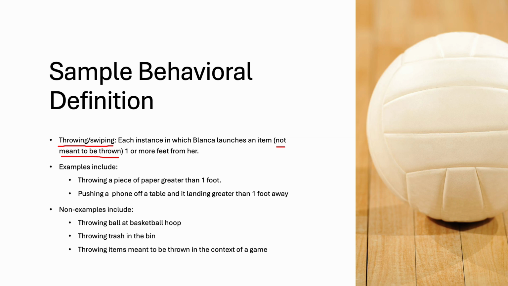All of these examples that I've provided are examples in which throwing is okay. So I want to make sure that I define that so that when someone is reading my behavior definition, it is clear to them exactly when they should count an instance of behavior and when they should not be counting an instance of behavior.